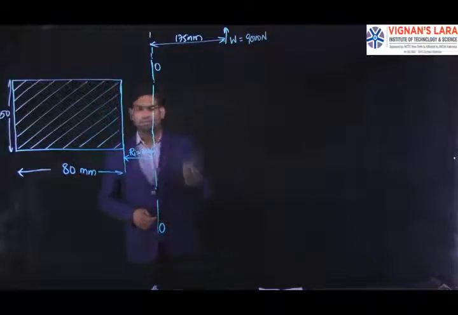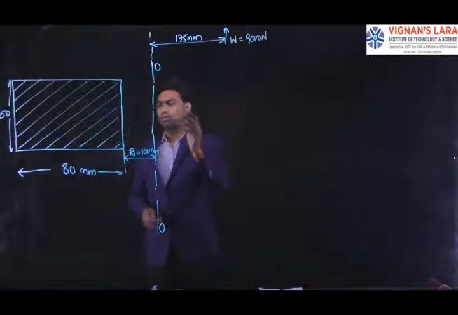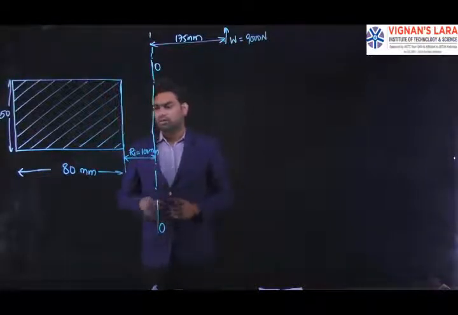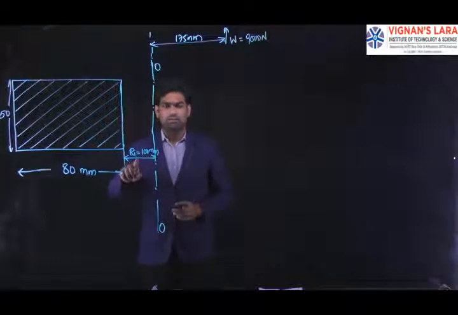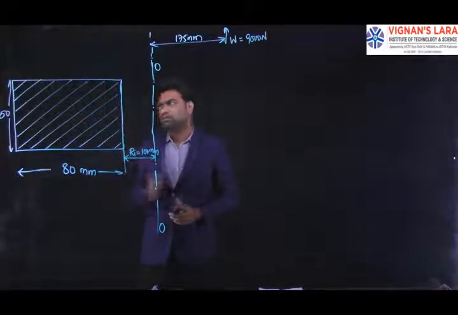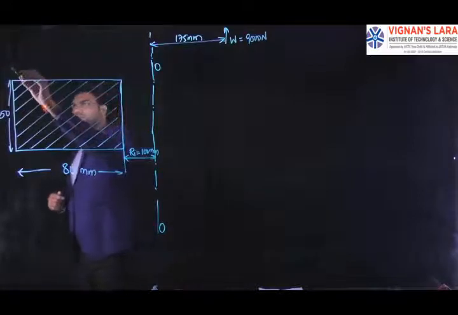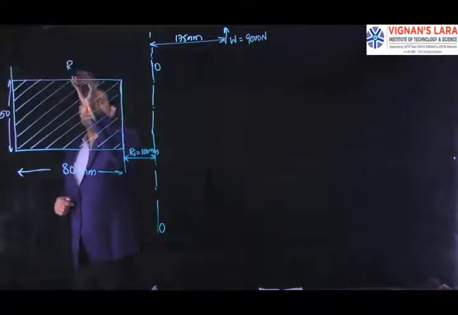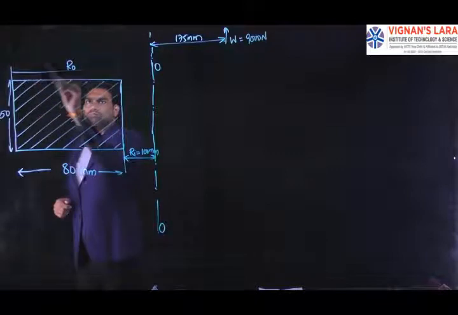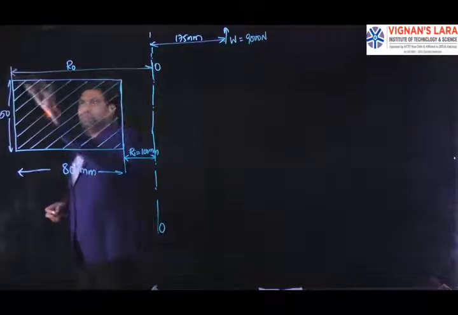So the very first step in the procedure is to denote the remaining properties. Here the inner radius of curvature is already given, and we also need to denote the outer radius of curvature, that is Ro. So how can we get Ro?